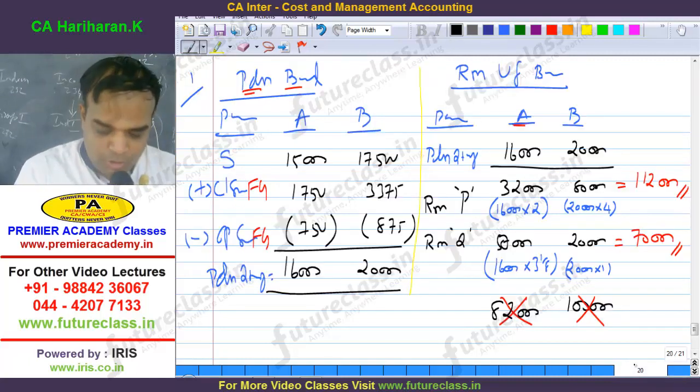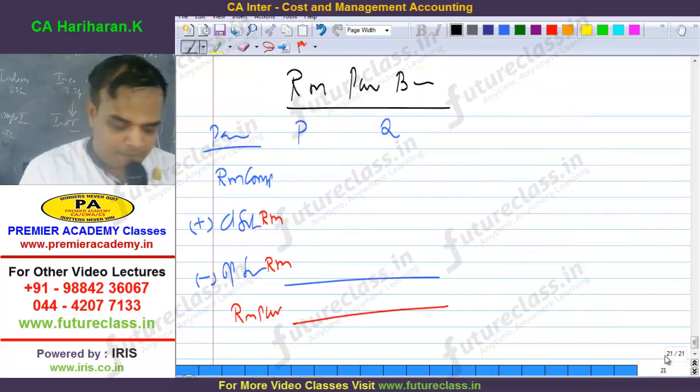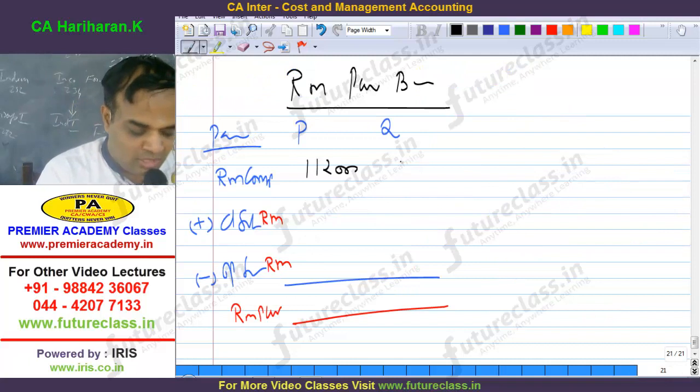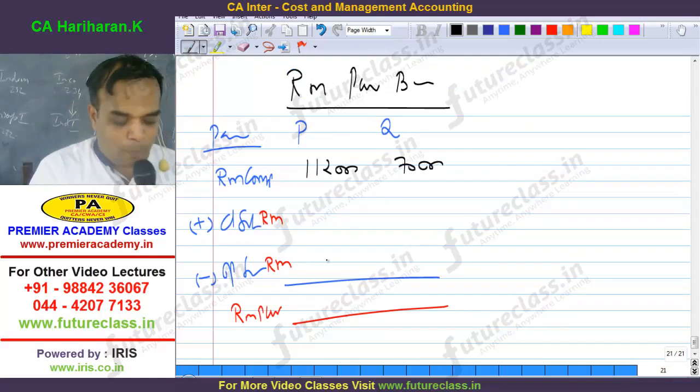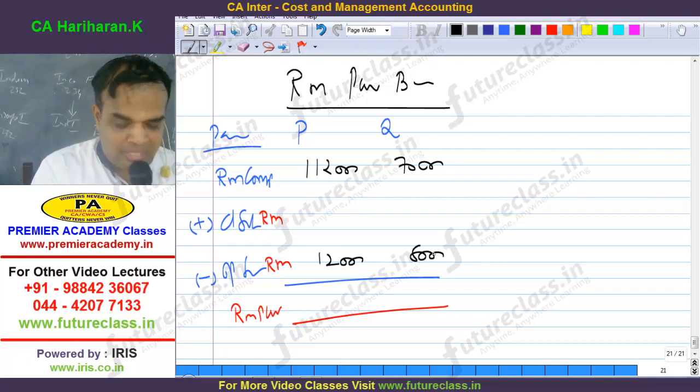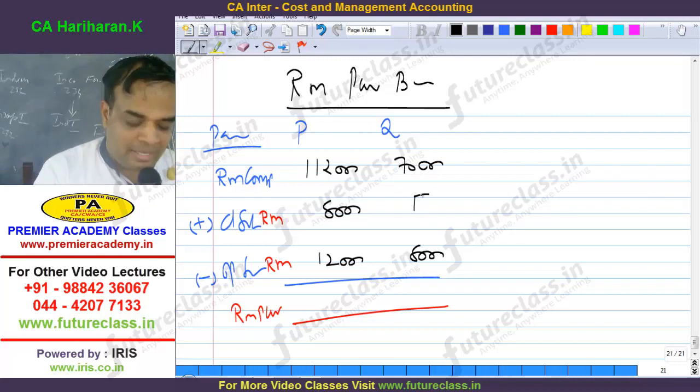Raw material consumption is 1,12,000 and 70,000. Opening stock available in this question comes to how much? 12,000 and 8,000. Closing stock is not available, but which system has the company followed?